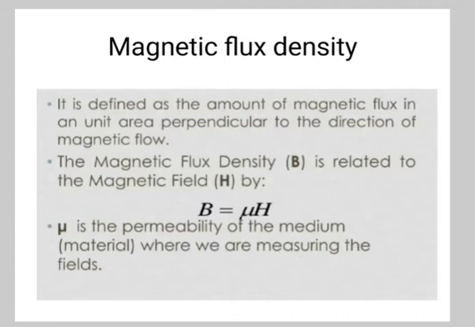Magnetic flux density is defined as the amount of magnetic flux in a unit area perpendicular to the direction of magnetic flow.